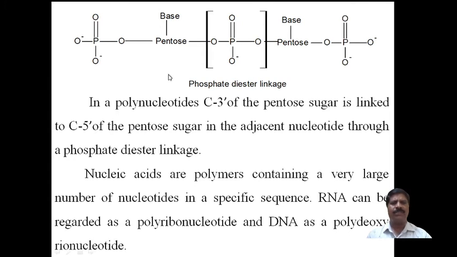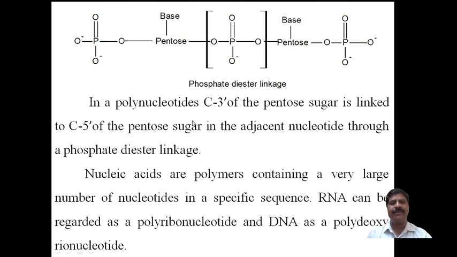The phosphate is only a single molecule, so numbering is not necessary. Here in a polynucleotide, the C prime of one pentose sugar is linked with the C prime of the 5 prime pentose sugar.